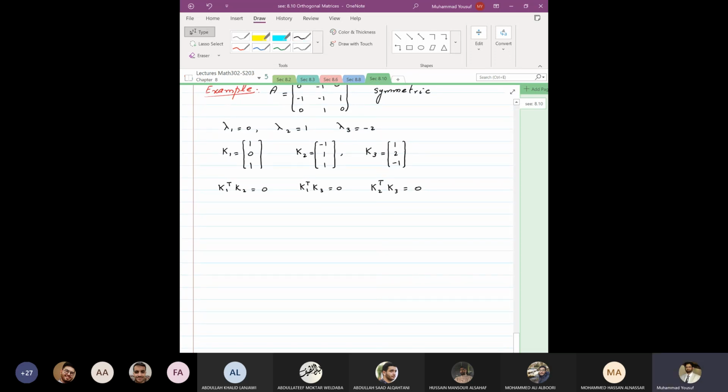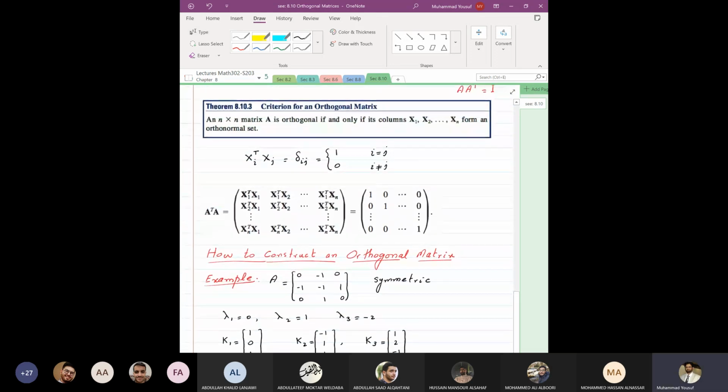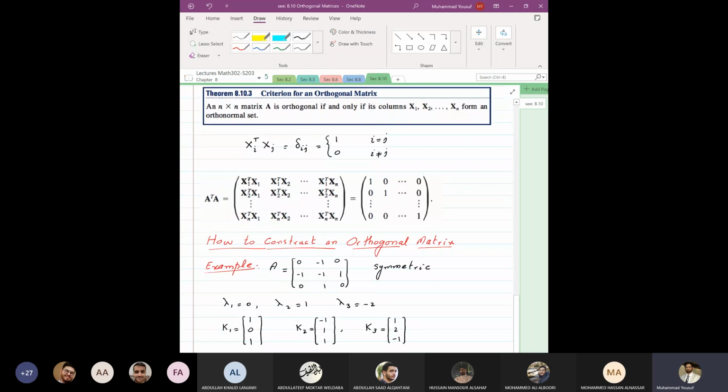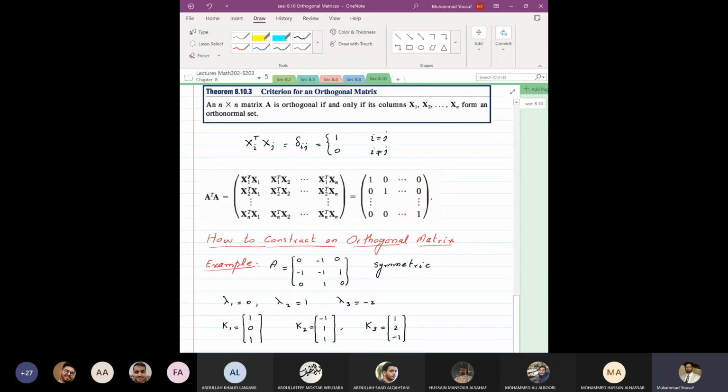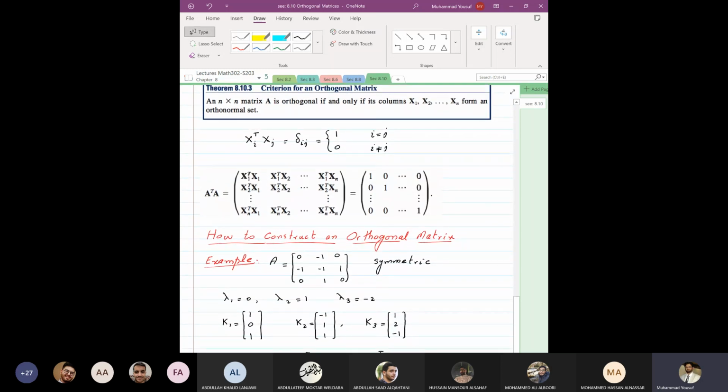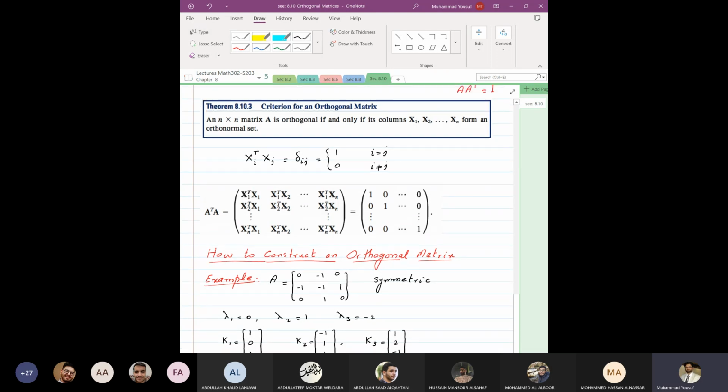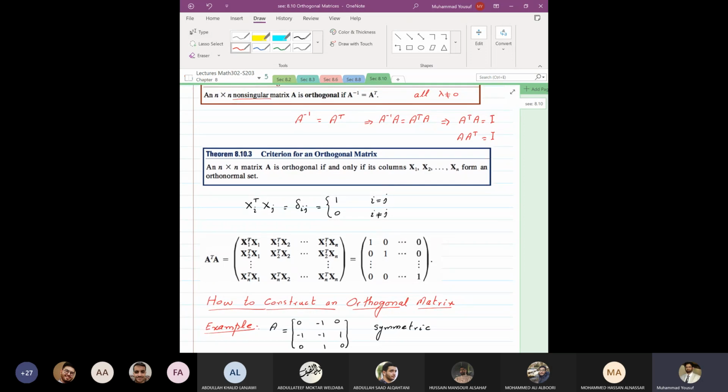Should we put them in a matrix form? Because this theorem says that if we have a matrix in which columns are orthogonal, then it is orthogonal. Okay, my mistake here. In reading, I missed one piece of information. They must form an orthonormal set. I wrote it, but I was just saying orthogonal, orthogonal, orthogonal.